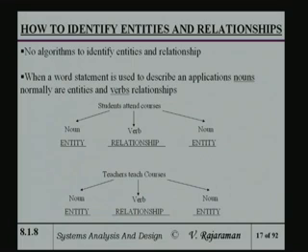Like, for instance, a teacher teaches courses, students attend courses. Students is an entity, attend is a verb, so it is a relationship, and courses is a noun which is another entity. So these are two simple examples of how to detect the noun classes.